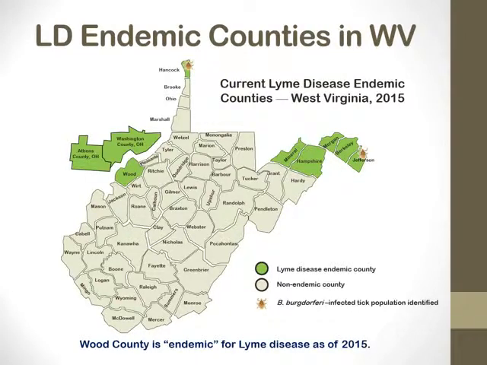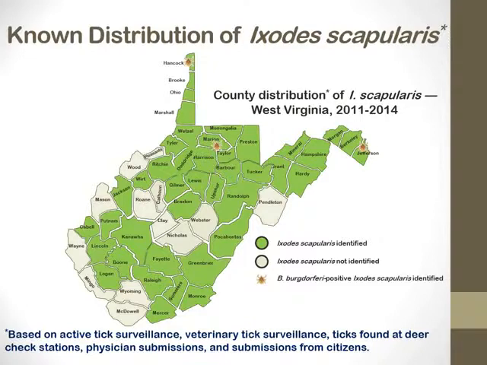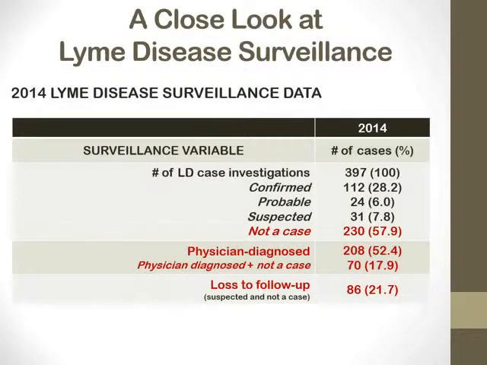And Wood County may seem a little odd being on the other side of the state, but upon a closer look, Athens County and Washington County in Ohio have known Ixodes scapularis populations. So it's not unlikely that there are infected populations in that area. And I should also note that these results are based on active tick surveillance, our veterinary submissions, and other resources.